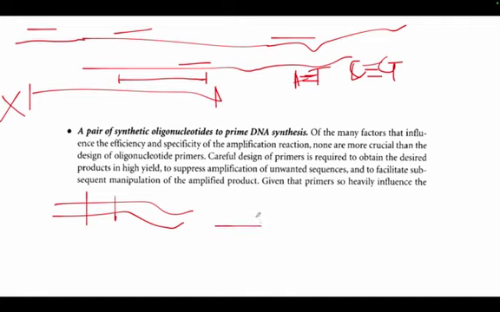What I want to do is clone it into a vector. I have a plasmid over here with a number of restriction sites. What I want to do is clone this gene into this vector.